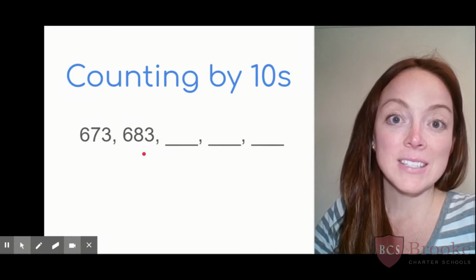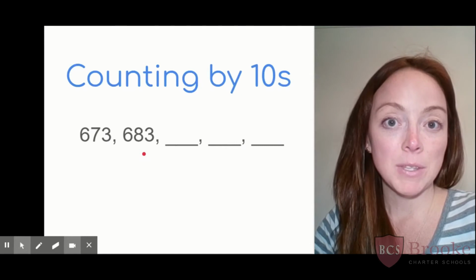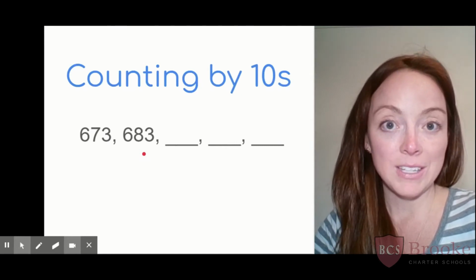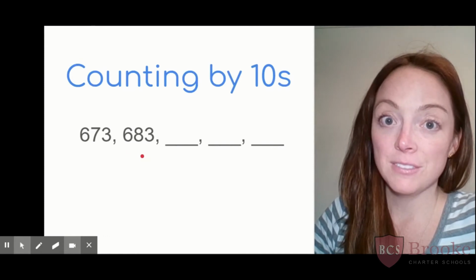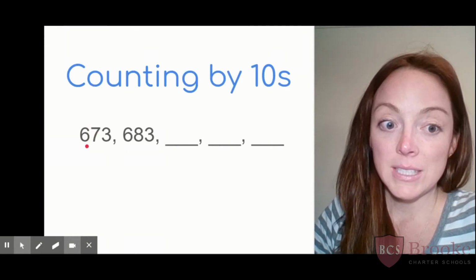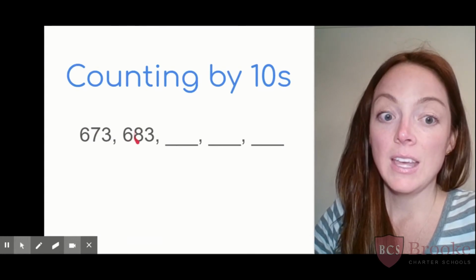Now I'm going to start at 673. And again, my 10 sticks will keep climbing the tens place by 1 each time. When I hit 9, we know that means I make a new 100. So 673, 683.